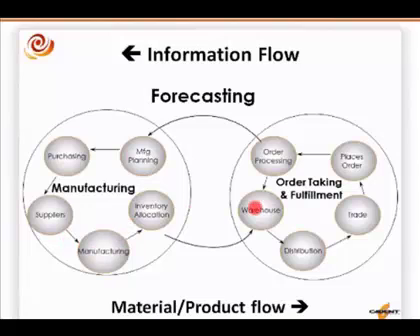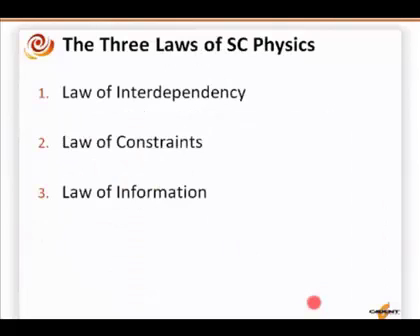Going from left to right, on the other hand, you have the flow of goods. You have raw and packing materials going to the manufacturing facilities, value being added and turning those into finished goods, the inventory being allocated to the various warehouses and distribution centers for then picking, packing, and shipping to our customers. So you have material and product flow going from left to right. It's a concept I've had trouble with since first grade.